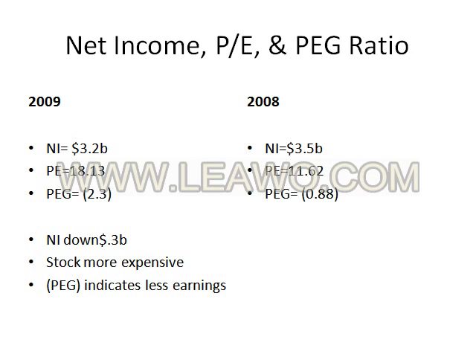So in this case, from 2008 to 2009, the PE going up to 18 indicates that the stock is more expensive. Also, another way to look at PE is that this is how much an investor would have to spend per dollar of earnings.